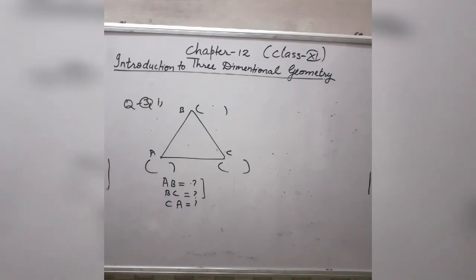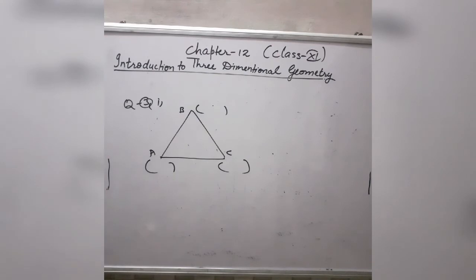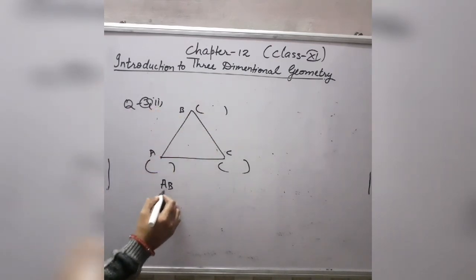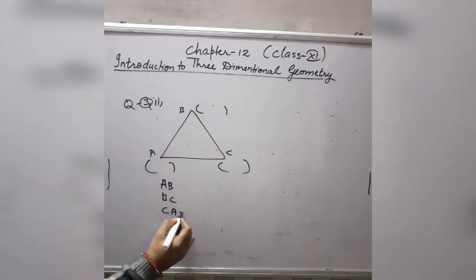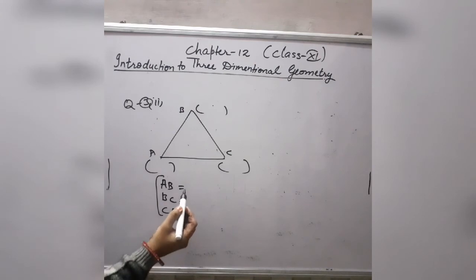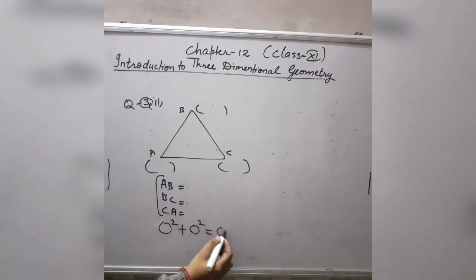In the second part also 3 vertices are given to you, and check whether these are the vertices of a right angle triangle. So in this second part also you will find the 3 distances AB, BC and CA. If in these 3 distances the sum of the squares of the 2 smaller distances is equal to the square of the third distance, means this is the Pythagoras theorem.